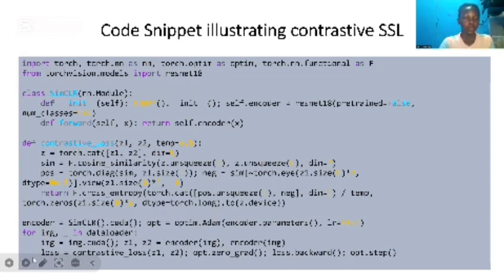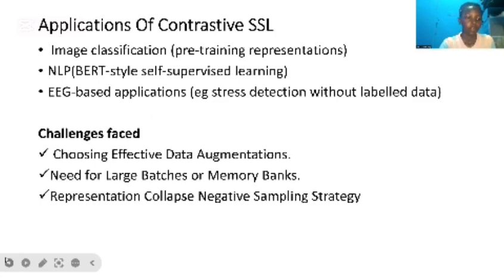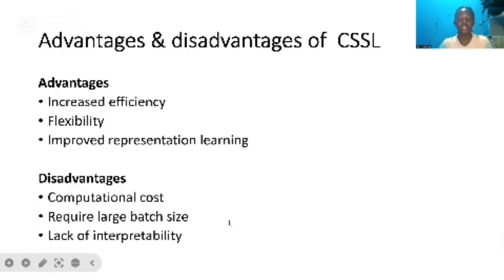So we're going to go to the advantages and disadvantages of contrastive self-supervised learning. One of the advantages is increased efficiency, because here the models learn on their own, they don't need data labels. Basically they are training themselves using data augmentation, like we said before.